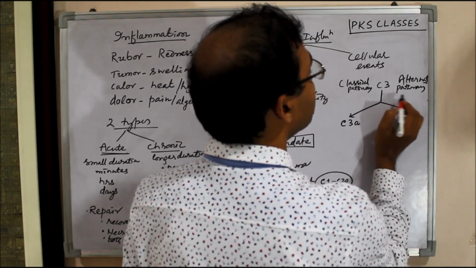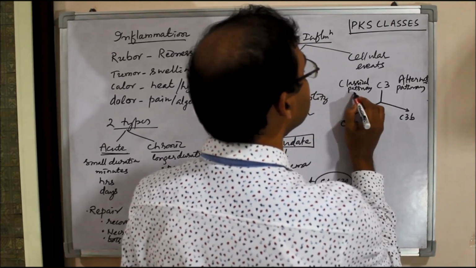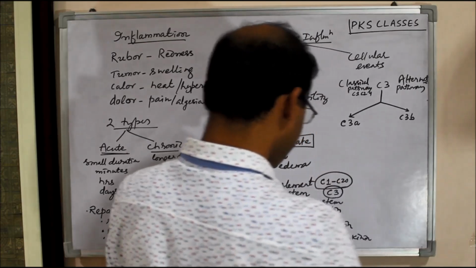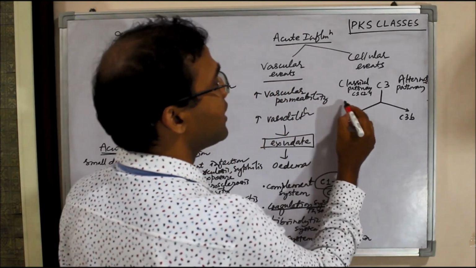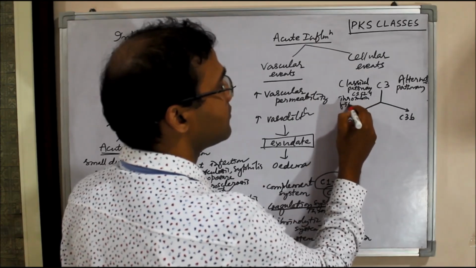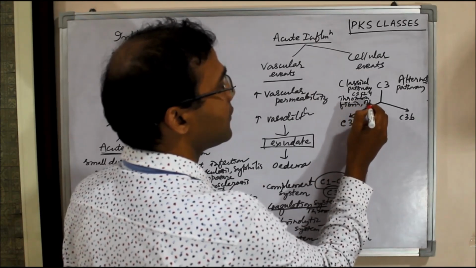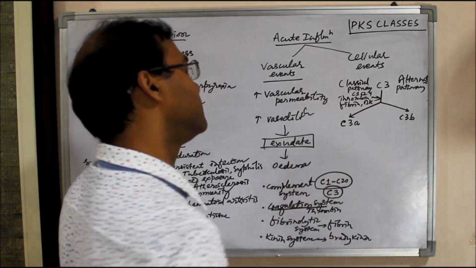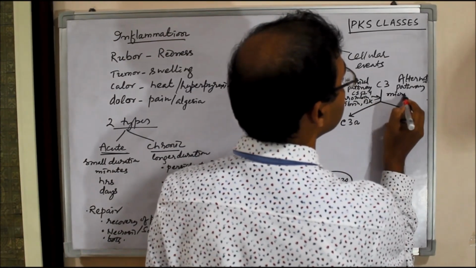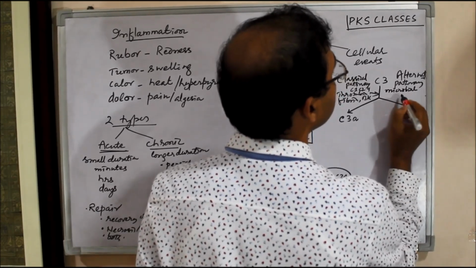The classical pathway is activated by C1, C2 and C4, and all these, thrombin, fibrin and bradykinin, activate this one. And the alternate pathway is activated by microbial products and microbial endotoxins.